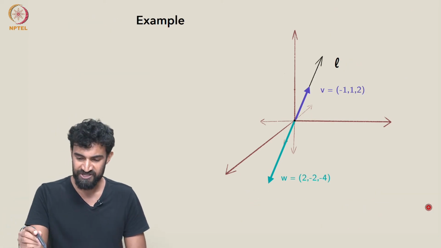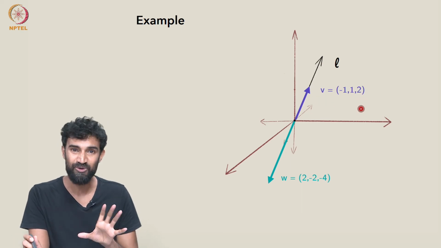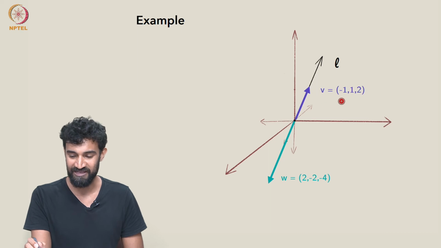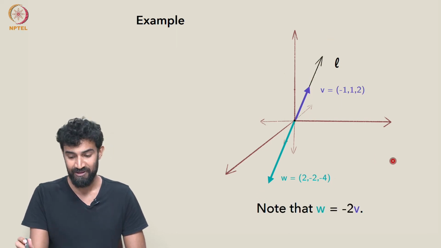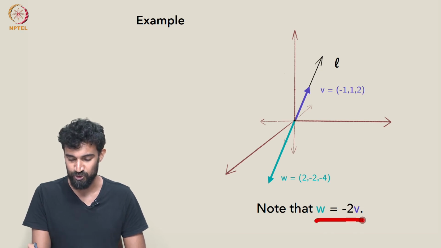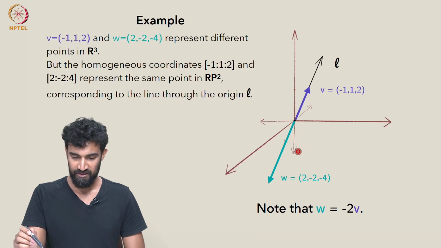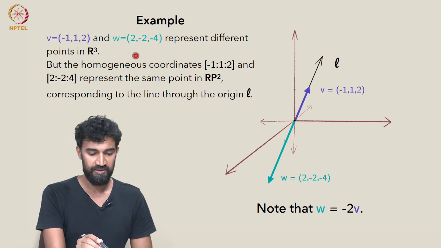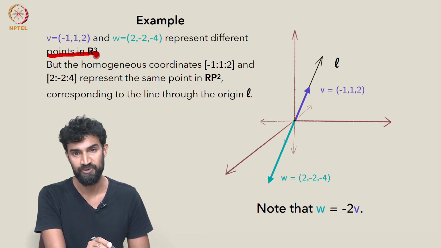So first, here's a quick concrete example. If v is the vector (-1, 1, 2), and w is the vector (2, -2, 4), both lying on this line L, then it's easy to see that w is equal to -2 times v. It's a scalar multiple of v. And w and v represent different points in R3.